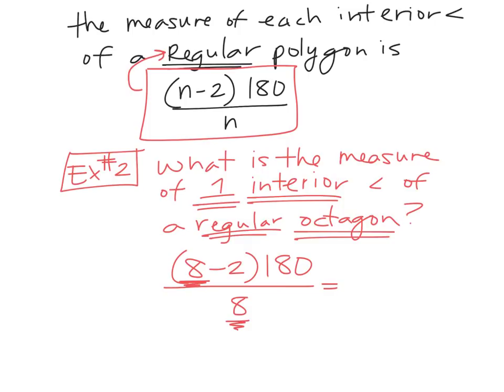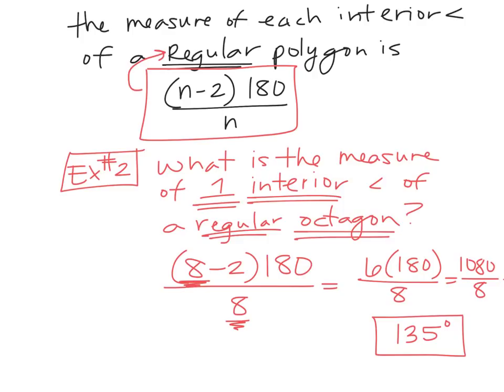So just be careful when you plug this in. You're plugging in 6 times 180 and then dividing by 8. Okay. So 6 times 180, you get 1080 divided by 8. If you simplify that, you get 135 degrees. Okay, questions on that?